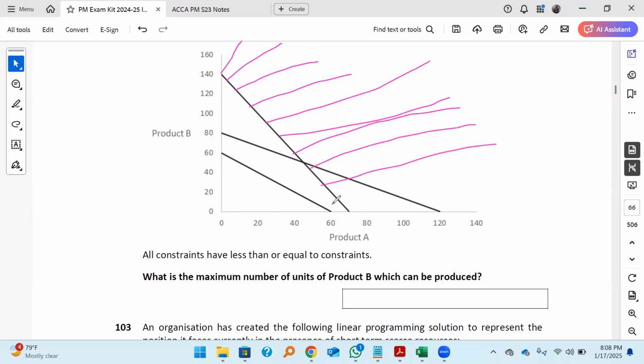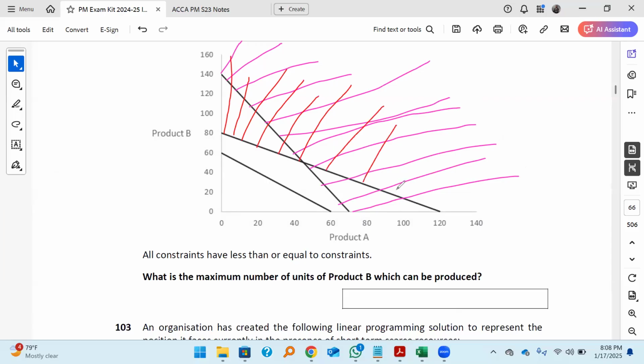So you would shade that part like that, then shade this one also like this, and then also shade this other one.